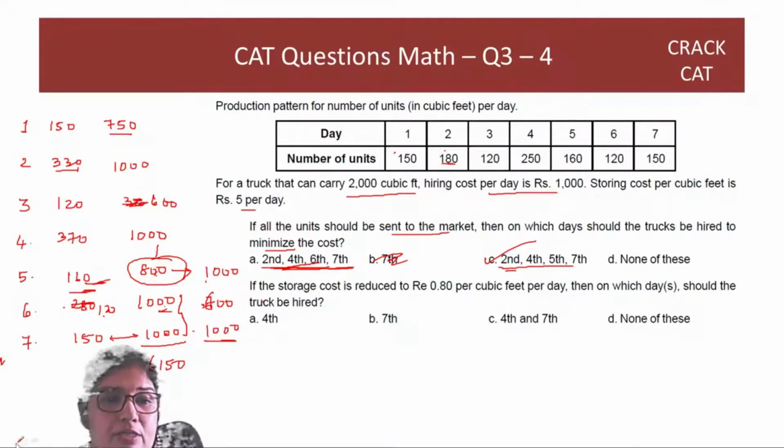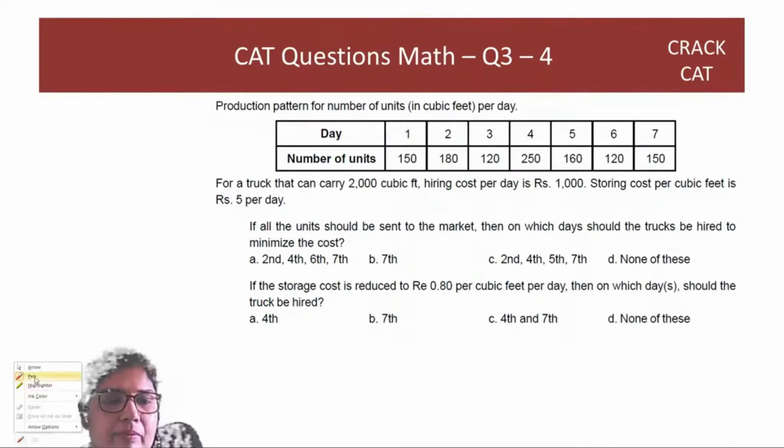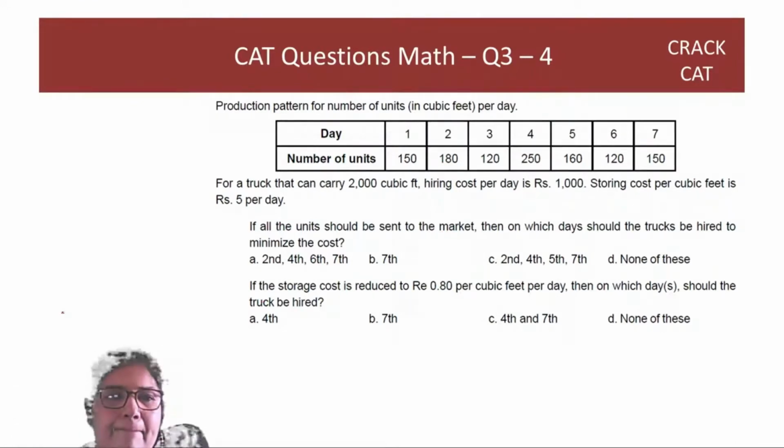Now the storage cost is reduced to 0.8. Storage cost is now reduced to 0.8. So again, we will just look at what is the cost on a per day basis. 150 units, so 0.8 is just 120 rupees. Second day, you have 330.